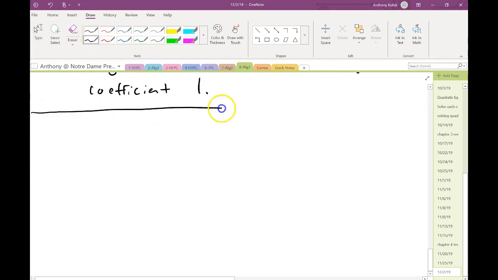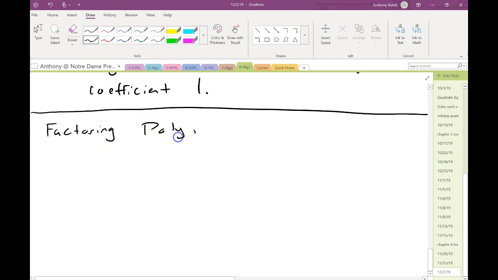The next topic that we're going to talk about is factoring polynomials. And this will be the last major topic in this chapter.